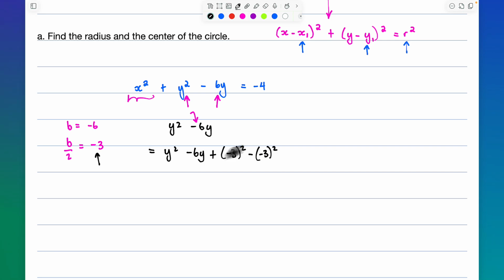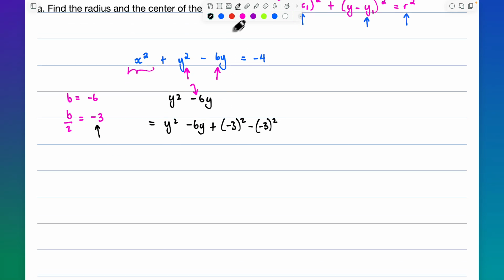What that does is these first three terms compress into whatever's being squared, which is y, and the -3, and then squared. All three of these terms have compressed into this. Then we still have this term left over, which is negative. -3 squared is +9, so that's going to be -9.